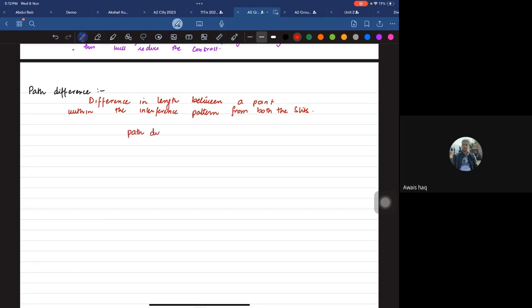Generally, path difference is given by n lambda. Alright. Where lambda is the wavelength, and n is the order number, like 0, 1, 2, 3, and so on.